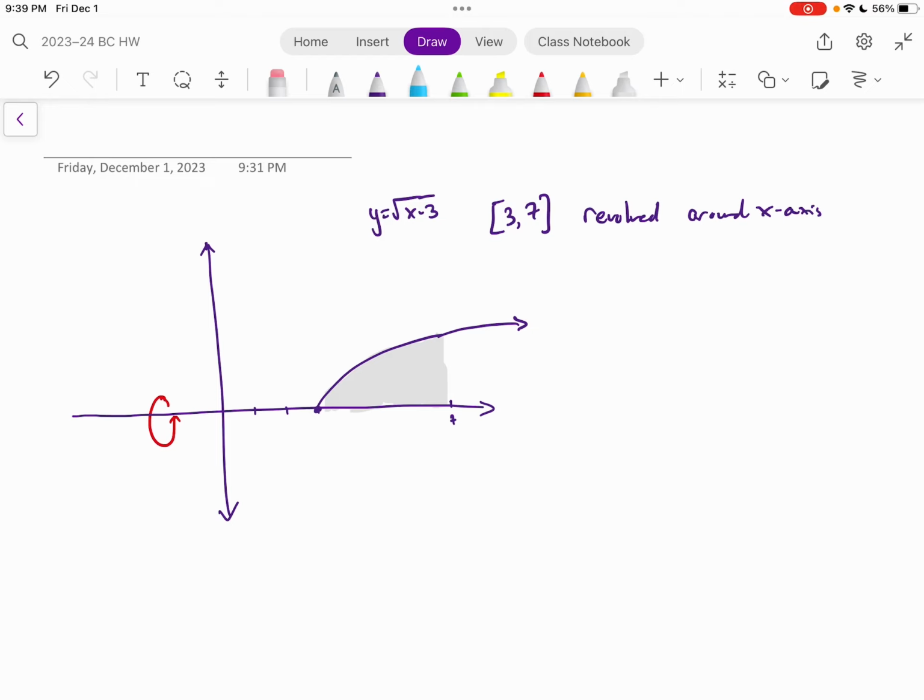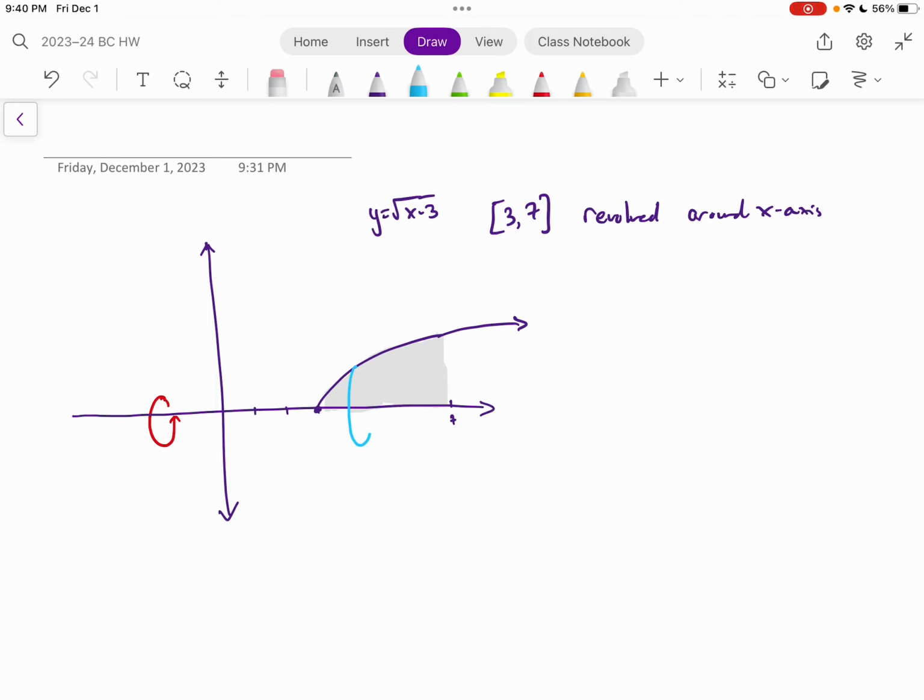So when I revolve this around the x-axis, at each point, just like we said earlier, we're going to generate these sort of discs or wheels. Wheels, I say that because they're going to be oriented sort of vertically around the x-axis.